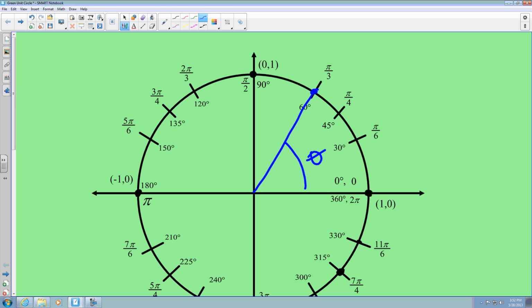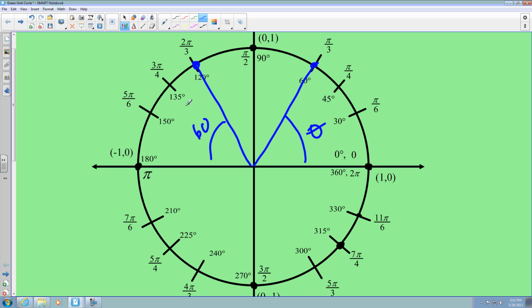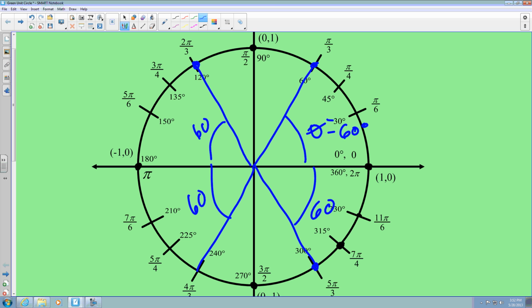So that means I get to use 60 degrees here, and that's where I get the 2 pi over 3, because this is 60. And then I get to use the next one, which is 4 pi over 3, which is this reference angle is 60 here. And then the last one was 300, which was 5 pi over 3, because this is 60 degrees, and theta here is 60 degrees. So it's being able to go back and forth between degrees and radians, and finding out the appropriate values for our trig functions.